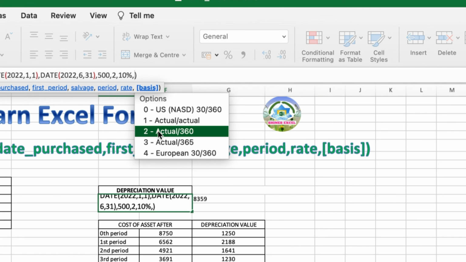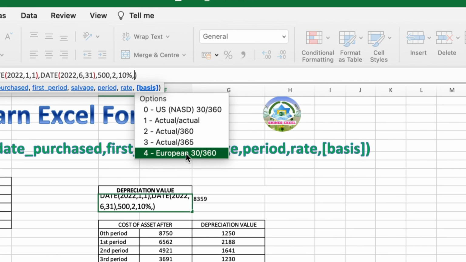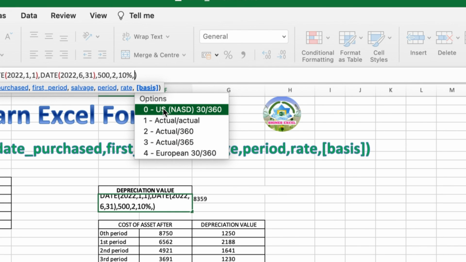And this one takes the actual days, but calculates 360 days in a year. Then actual days in a month and 365 in a year. Then for European, it is 30 days and 360, the same as 0.